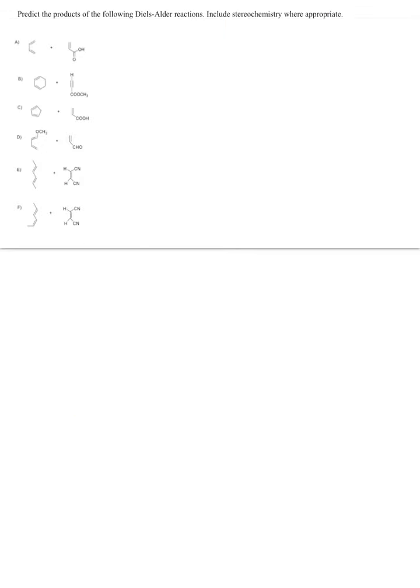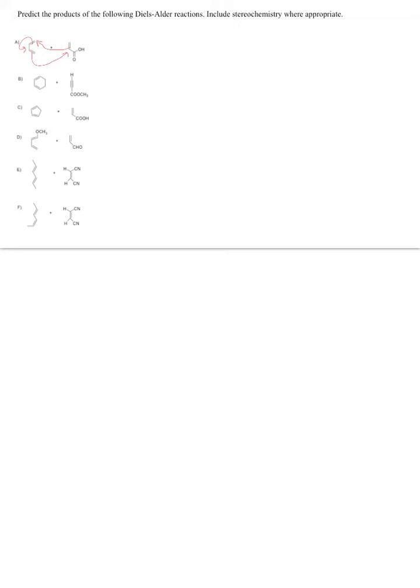All right, so the next one: predict the products of the Diels-Alder, include stereochemistry. Okay, so we're going to go here. It's going to go back here, and this is going to go here.